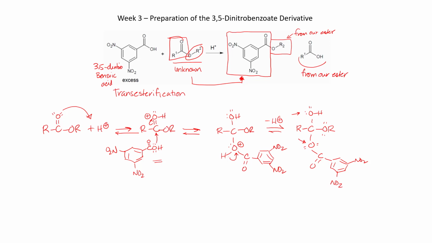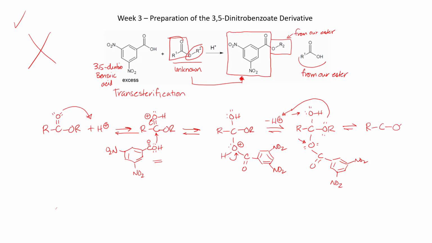So the next step that would happen to get us moving forward is to have the OR group of our ester react with the H+. Once we have this, we're going to protonate that OR group, and that's going to leave.